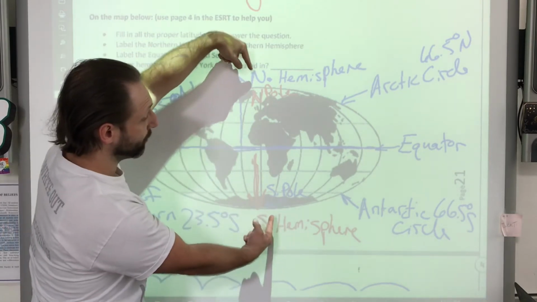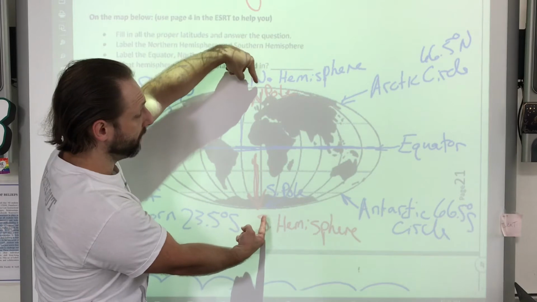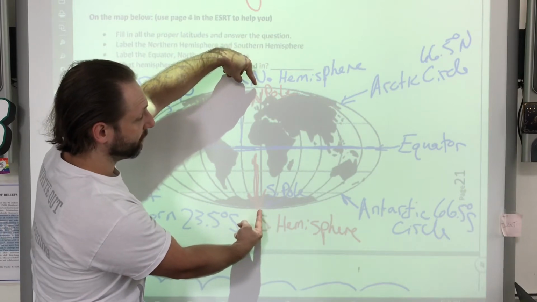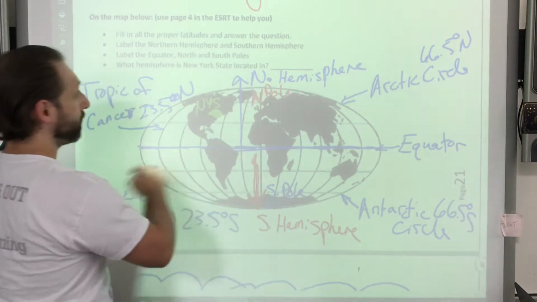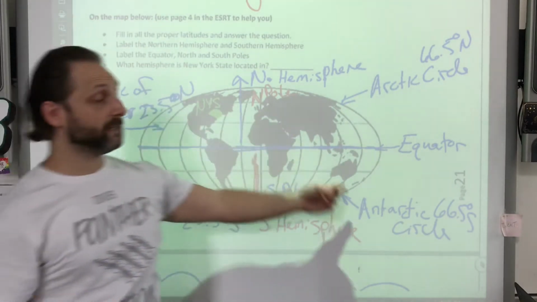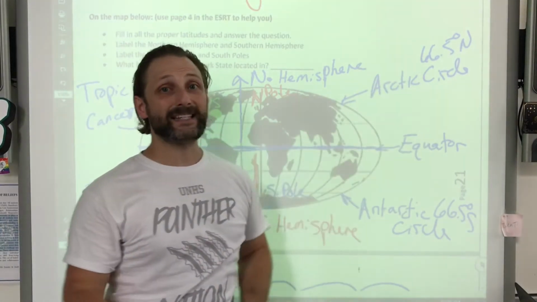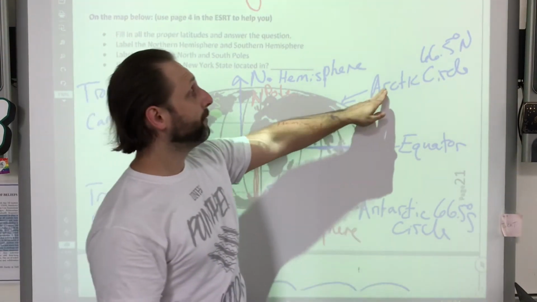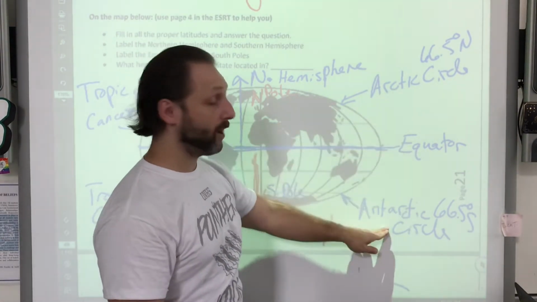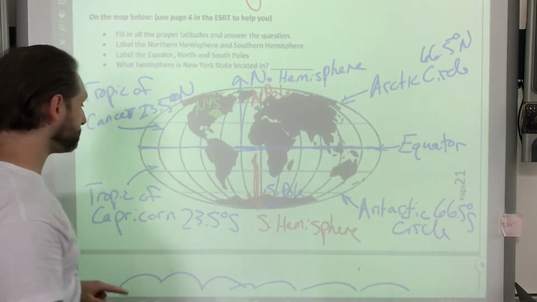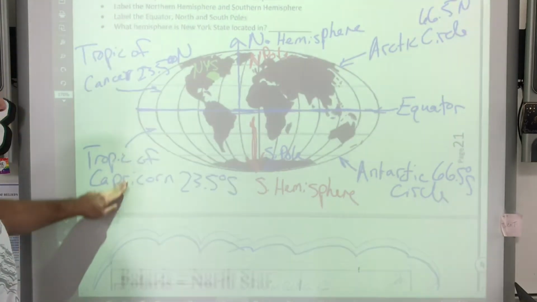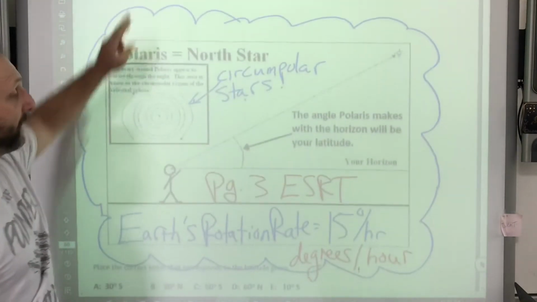Then we also have superimposed the North Pole up here in red and the South Pole down here in blue at the very tips. Then we've got the Antarctic Circle and the Arctic Circle, both being 66.5 degrees, north being the Arctic Circle, south being the Antarctic Circle.